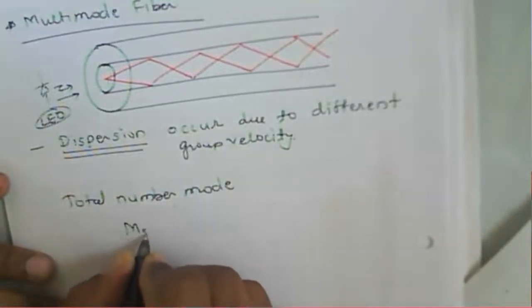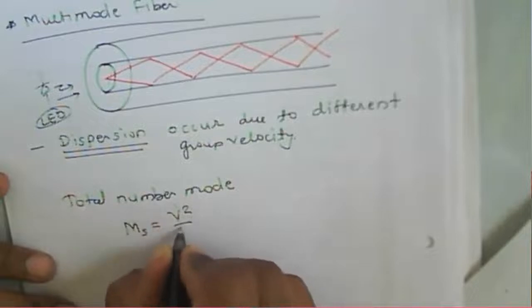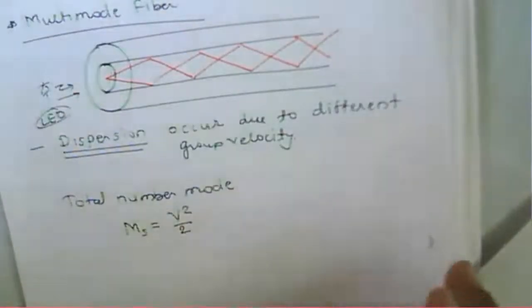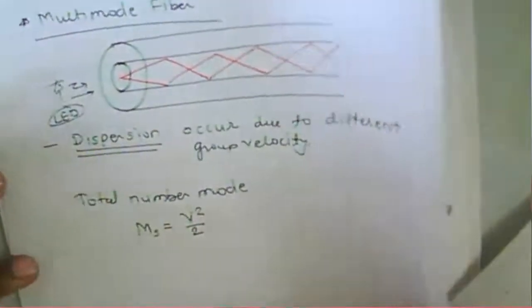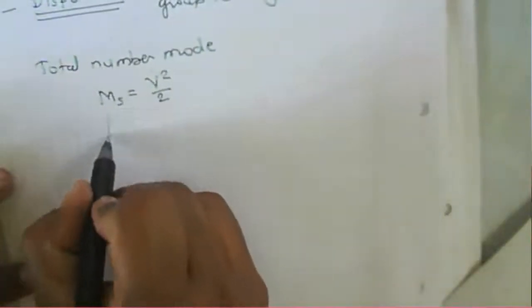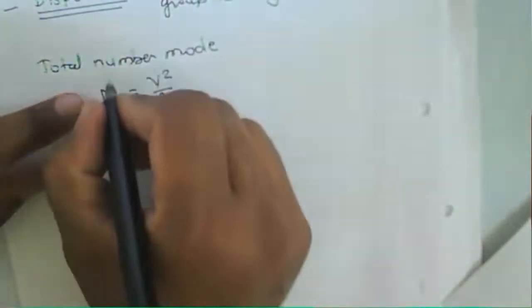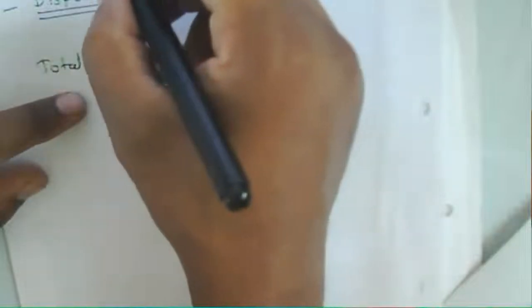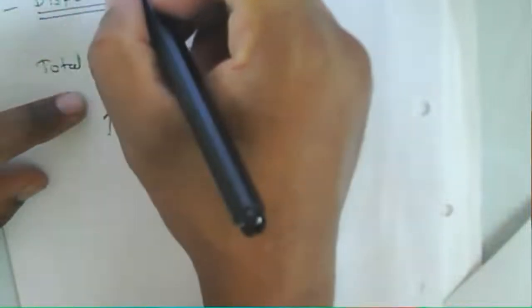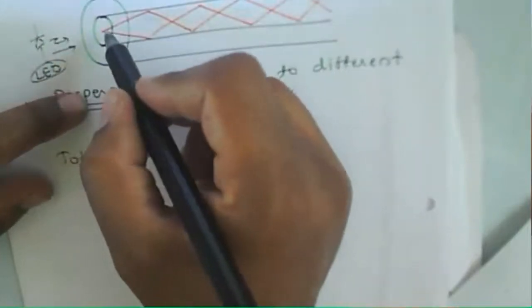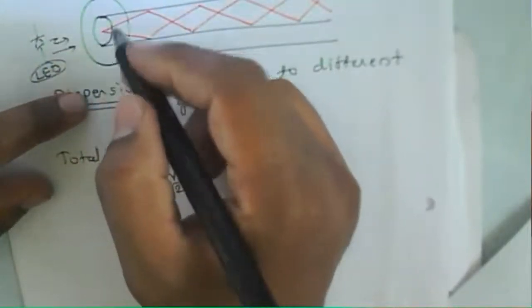So we can say that Ms is equal to V squared by 2, and we get that value because a step index fiber is used for various propagating wavelengths or signals. Because of that, this can be used as a multimode fiber. For this, we can say that it has a difference in the core diameter there.